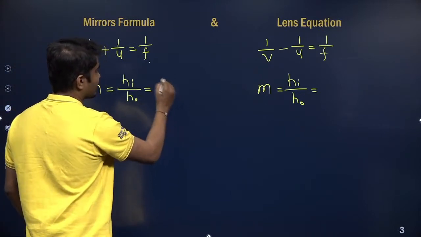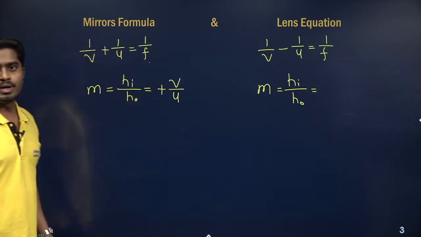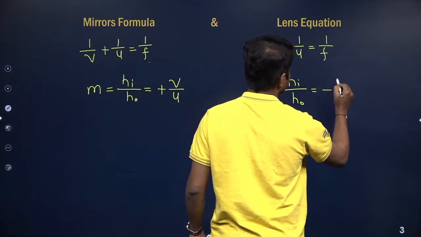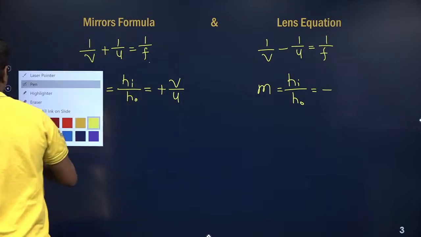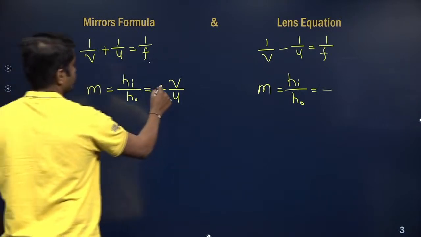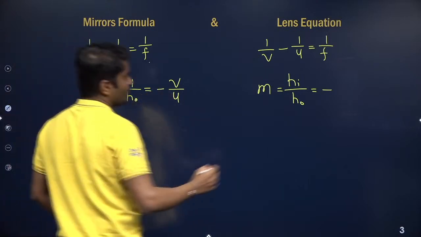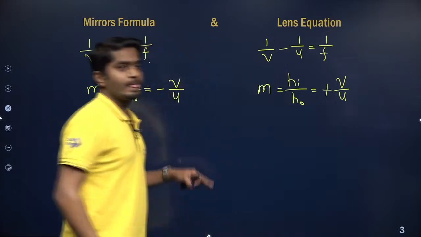Here there is a plus sign, v/u. And here we have the magnification which is minus, sorry, it is the opposite. See, even I am making mistakes. Here we have negative, minus v/u, and here plus v/u.